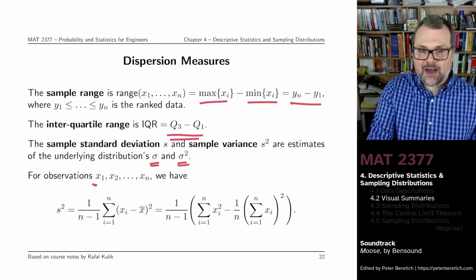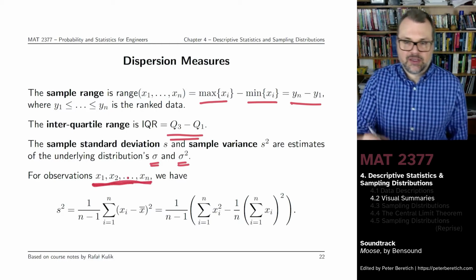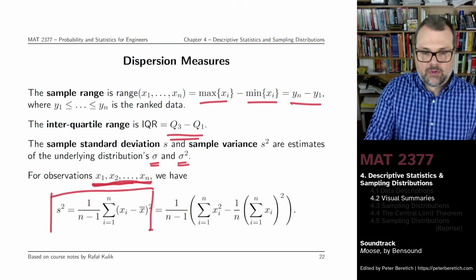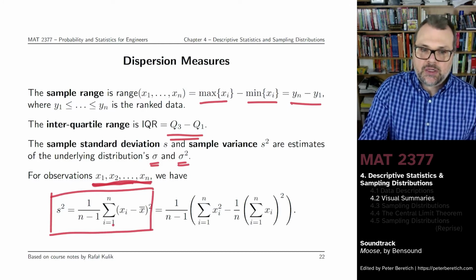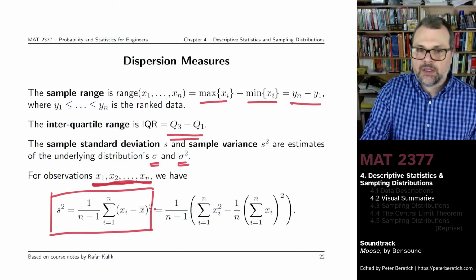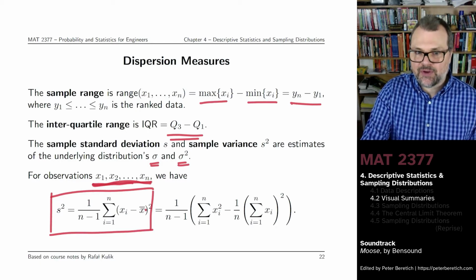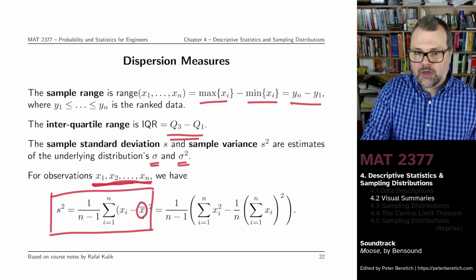So if you have n observations, you can actually compute the sample variance, and this is important, using this formula right here. Very important. You start by computing the square of the differences between each observation and the mean observation, the mean value of the observation. This is important here.